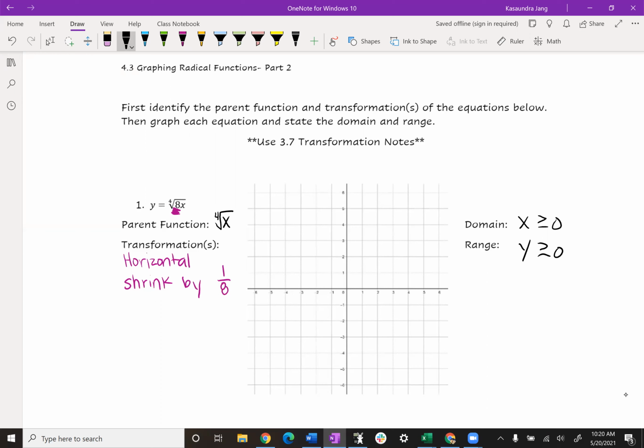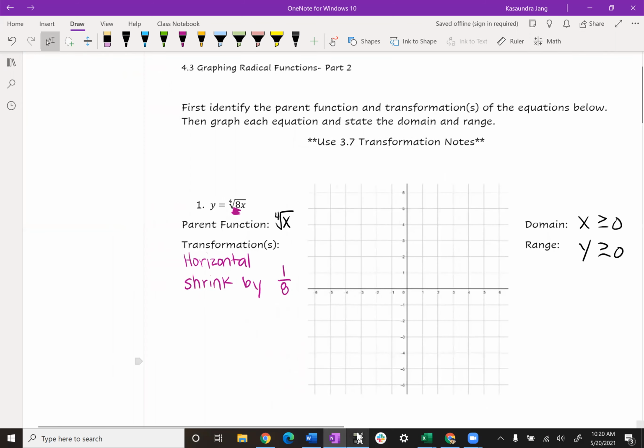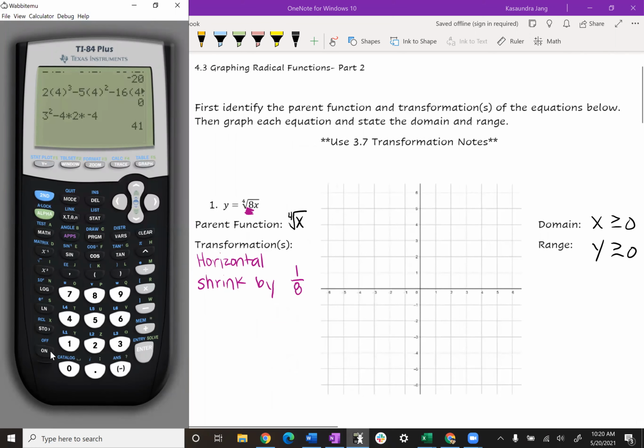All right, so let's get some specific points. And we're probably not quite as familiar with doing a fourth root, so I'll use the calculator here. We've got, like I said, 0 is probably the lowest number I can plug in. So on your calculator, there may be a fourth root button. For me, I can go to the math menu and I can do any xth root that I want.